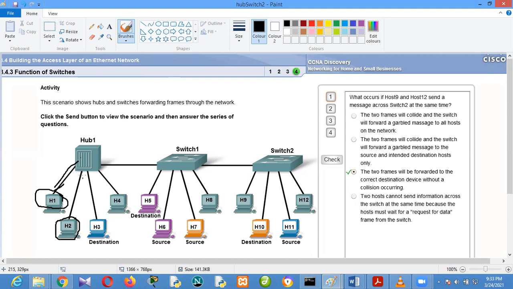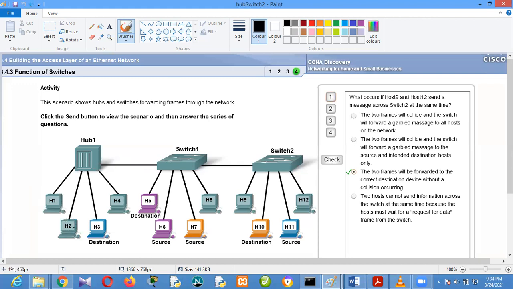The hub, because of the way it operates, will send the message to all active ports. So this one will receive it, this one will receive it, even here will receive it. Every other person will ignore the message. Only H2 will respond.